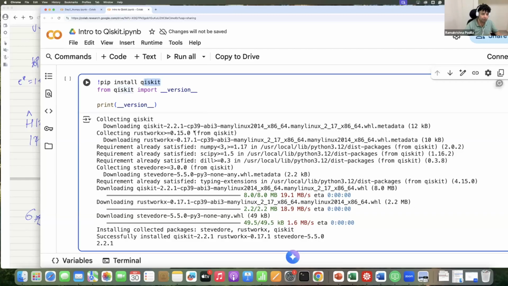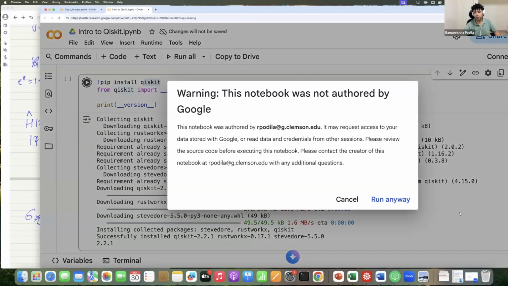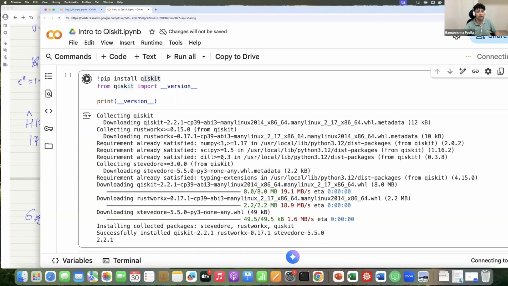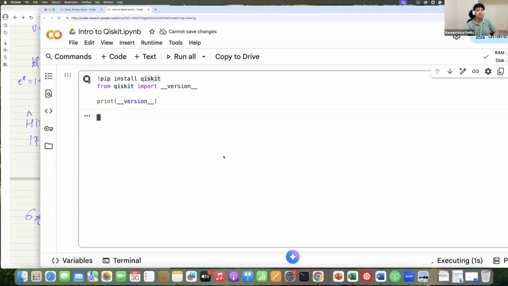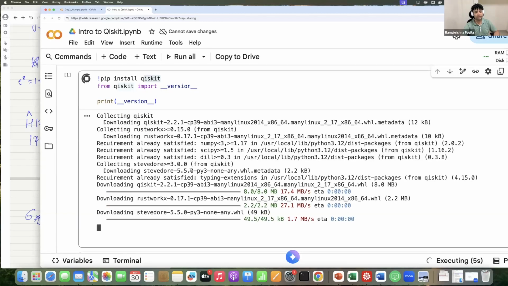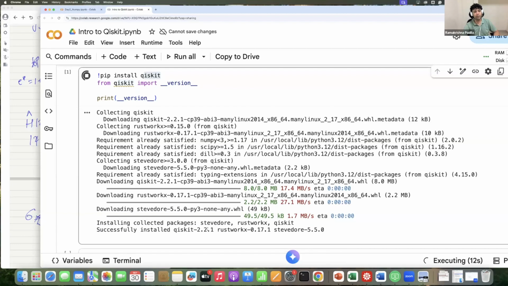If you're running it in Google Colab, you have to install Qiskit, and just make sure that you install the right version. If you don't, there is a slight change in the way you call some functions. It would show something like that, and we are using, I think, 2.2.1. Yeah, 2.2.1.